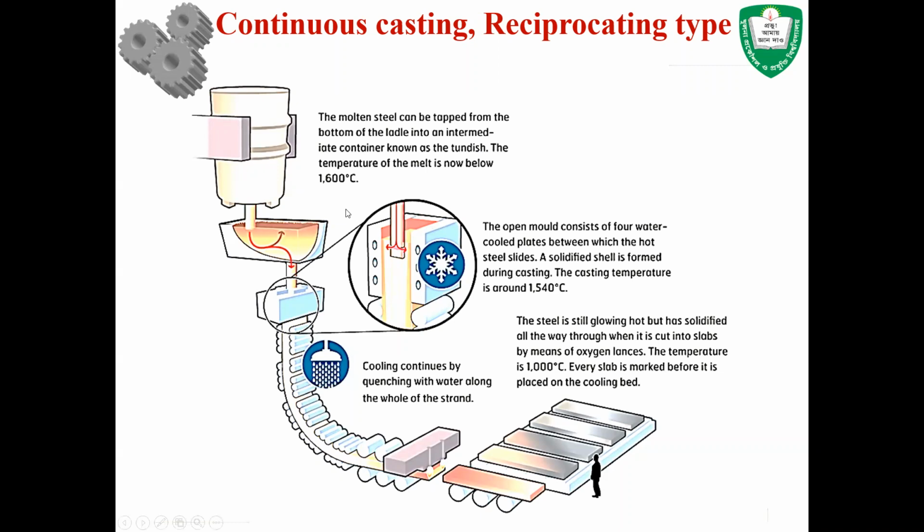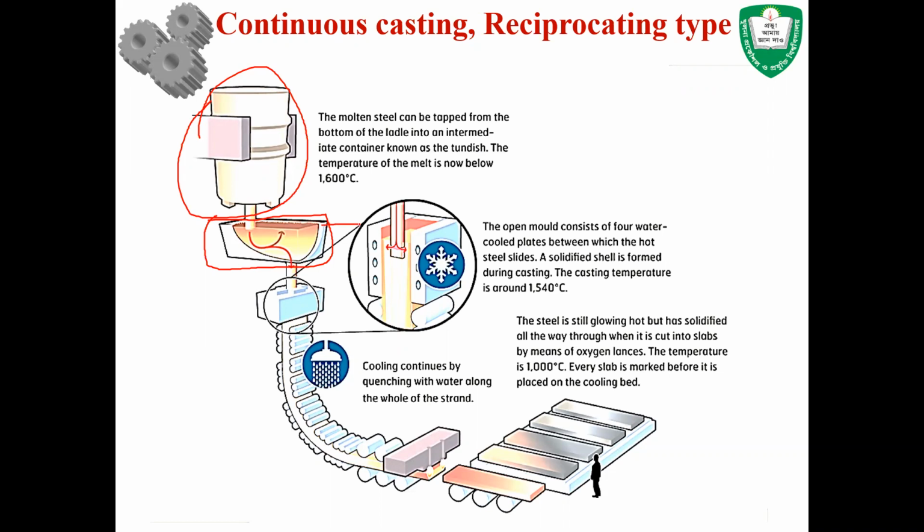To discuss this continuous casting process, first we need to have the molten material, which is shown here. The molten material is in the ladle, and it is poured into a secondary holding device where you have to maintain a certain height.